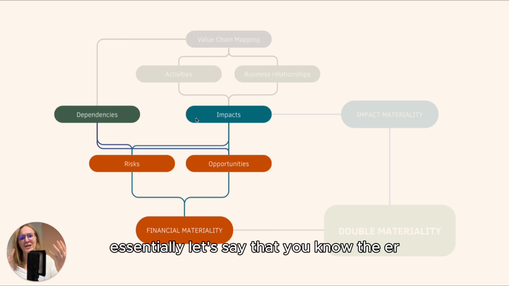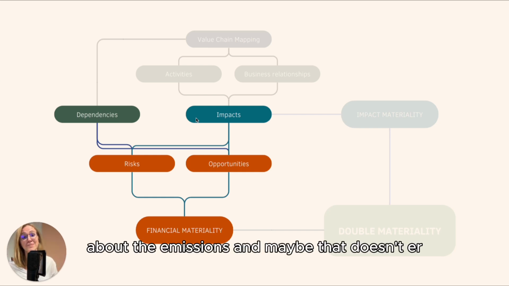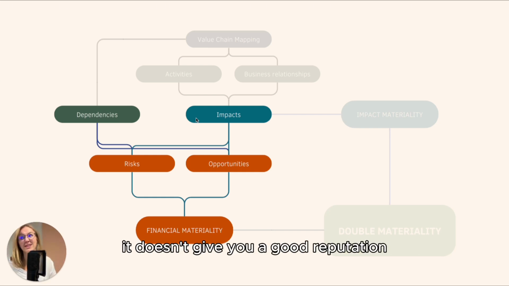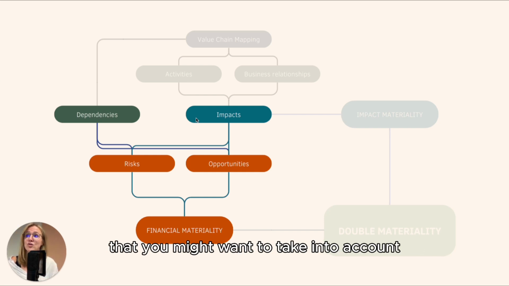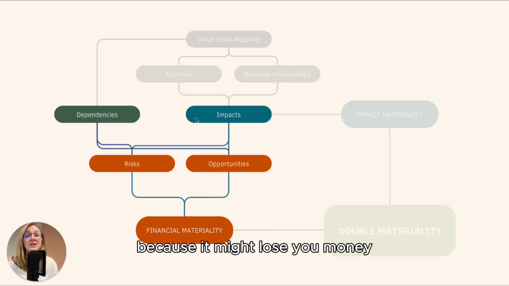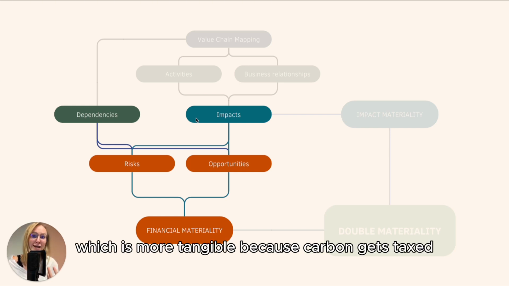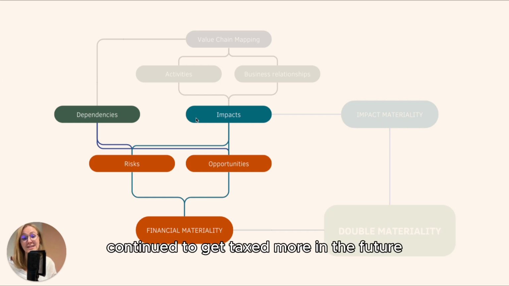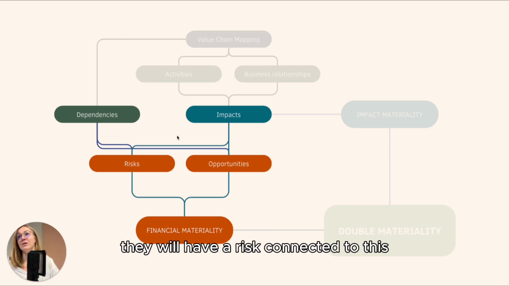Let's say that the general population now cares a lot about emissions, and maybe that doesn't give you a good reputation, and therefore that might be a reputational risk that you might want to take into account because it might lose you money. And it could also be things like carbon tax, which is more tangible because carbon gets taxed and it will continue to get taxed more in the future. So for companies who don't get their emissions down, they will have a risk connected to this.